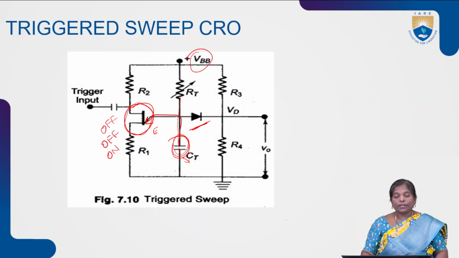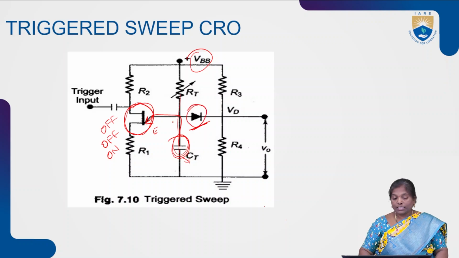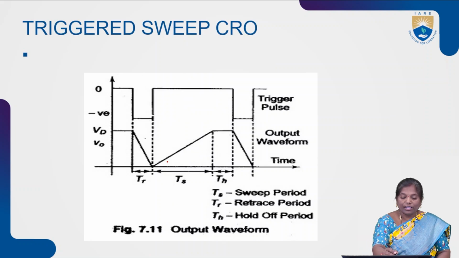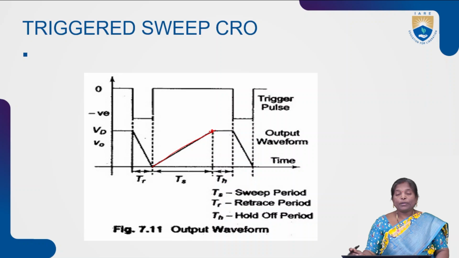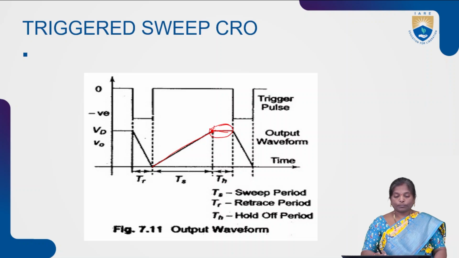But in this operation, the diode plays a major role. When the capacitor reaches the maximum value, based upon the cut-in voltage of the diode, even though there is a supply voltage, the capacitor stops charging, and if the input is maintained constant during the time interval, the capacitor also maintains constant charge.